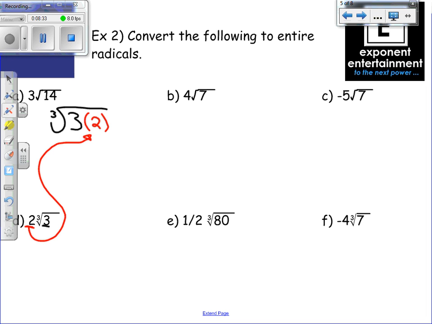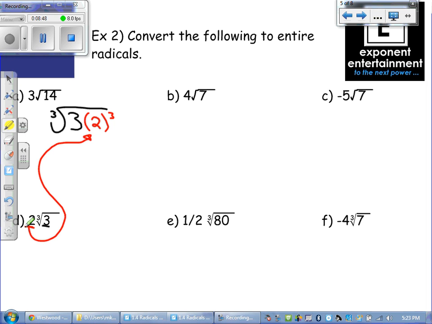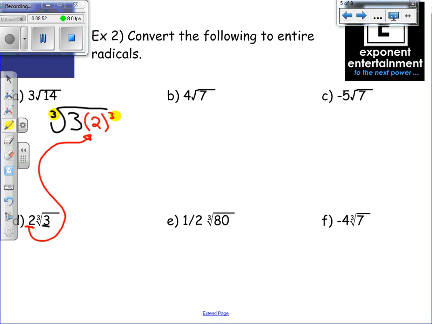We're doing a cube root this time, so we need to make sure that we cube the coefficient when we bring it under. So this is a 3. Again, the good trick to remember is that number should equal that number. If your index and the power you raise it to aren't the same, something's probably off.